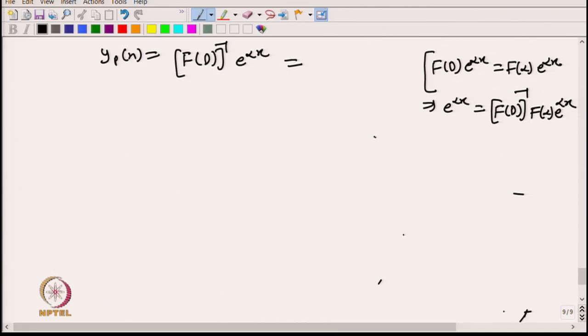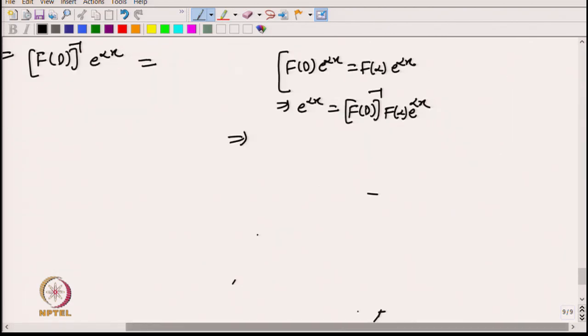Now this f of alpha is a constant, just a scalar value. So, if I am operating a linear operator on a constant, I can take this constant outside.